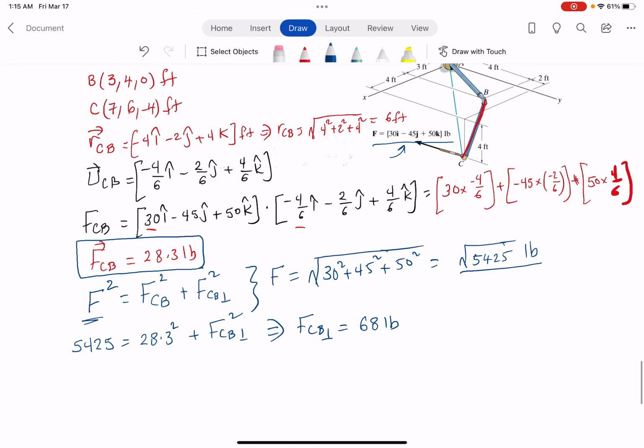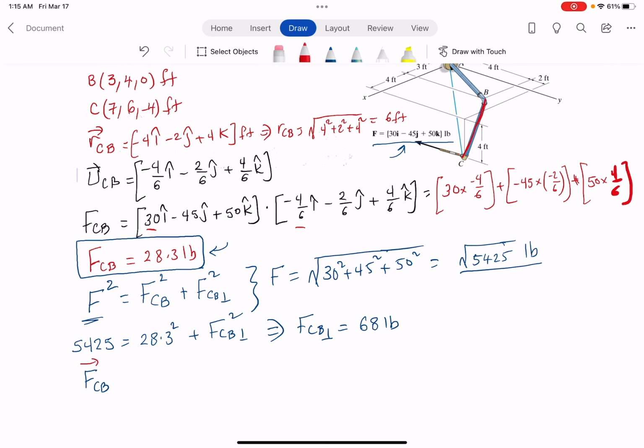Imagine he asks you for the force along the line, not in magnitude format, but in Cartesian format. We'll do it like this: force CB. I'm not supposed to do direction here because it is magnitude, sorry.